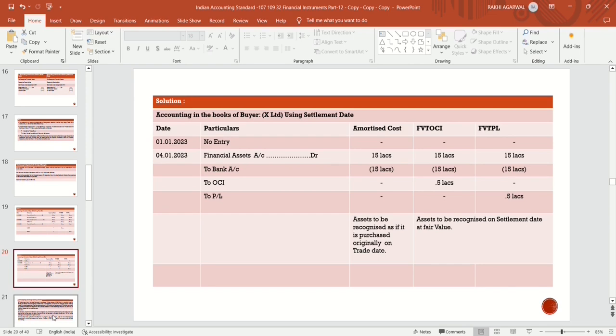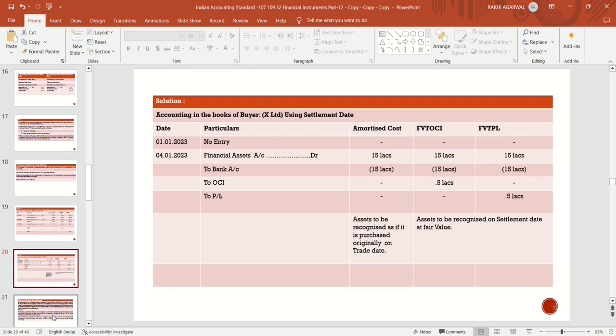But on 4th January, when the settlement actually happens, they will recognize financial asset account debit by 15 lakhs to bank. On that date they will recognize, and on that date they will settle, in amortized cost.